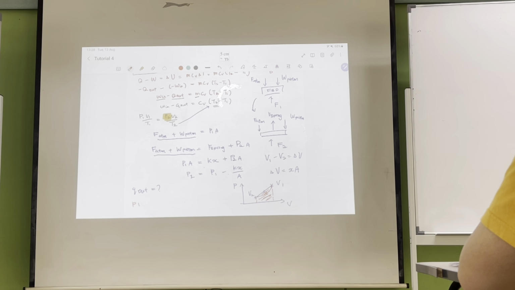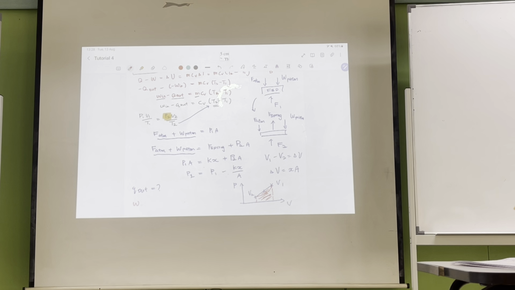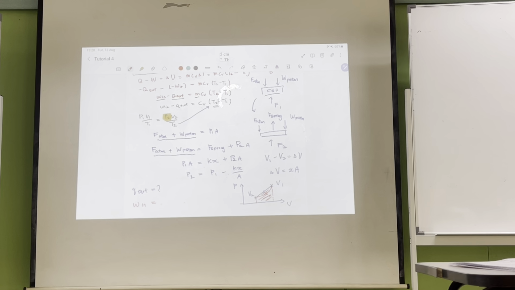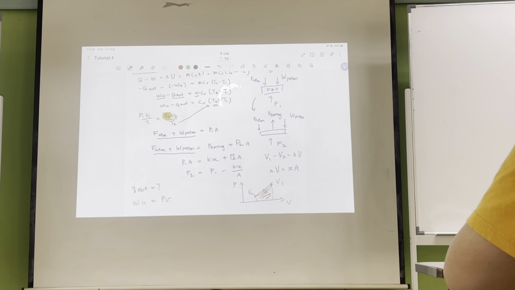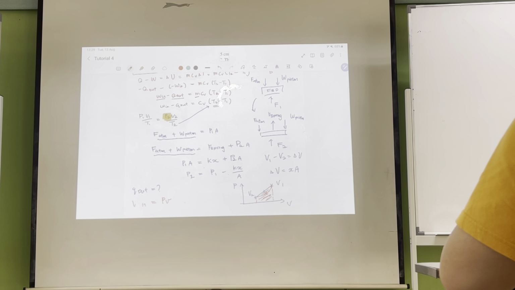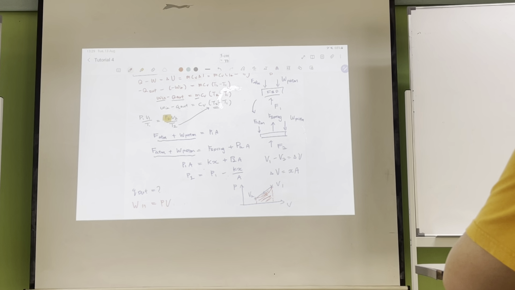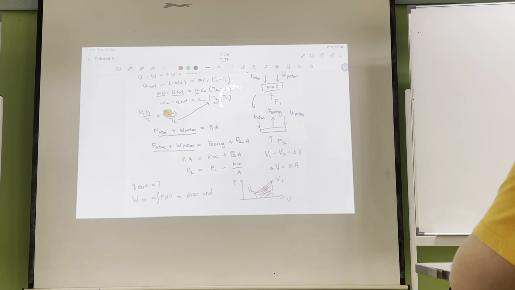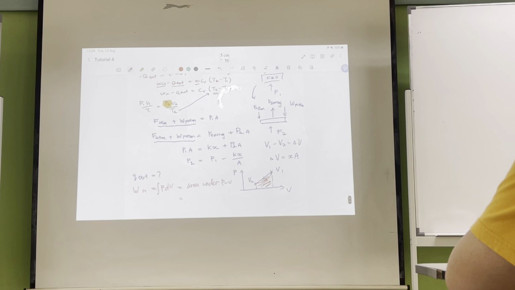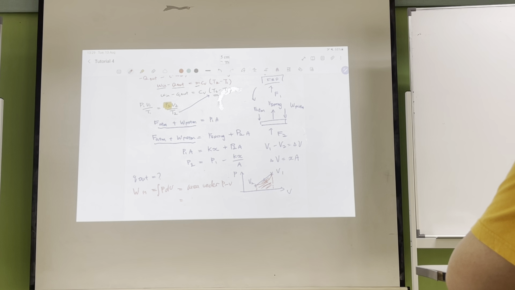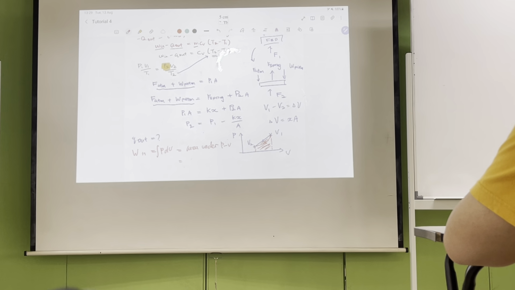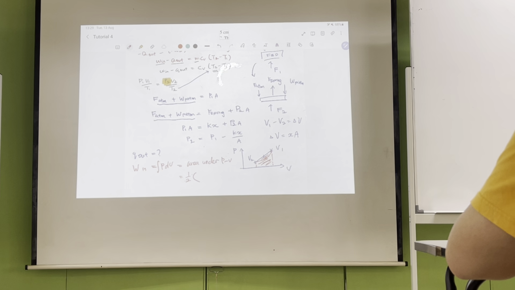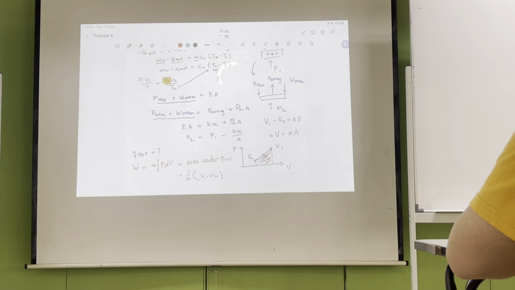Okay, so additional questions. Boundary work in this case, if we just want a small boundary work, will be P small v, or if it is the capital letter, then P capital V. In this case, this is the area under the PV diagram, which is one over two, V1 minus V2, then P1 plus P2.